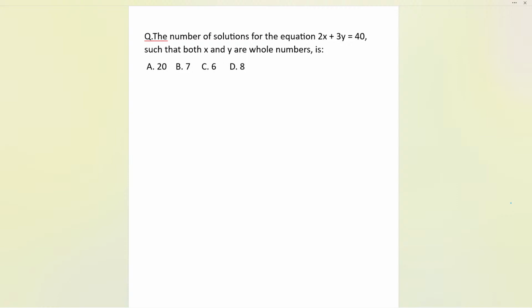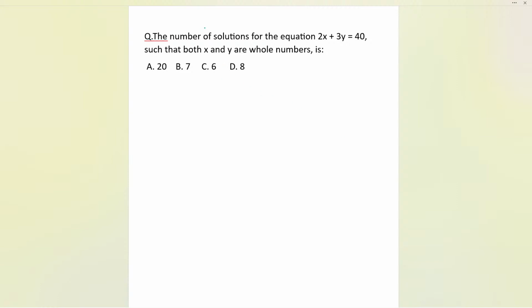Now you have the rest of the time as buffer time, 30 seconds. Okay, the time is up.